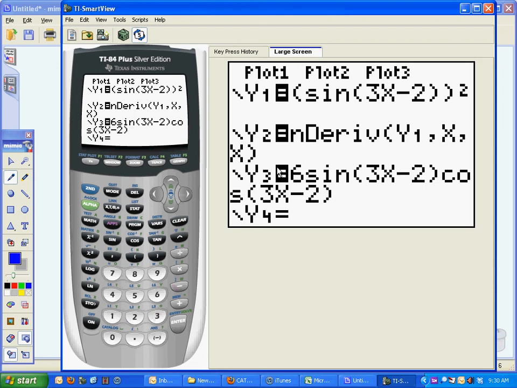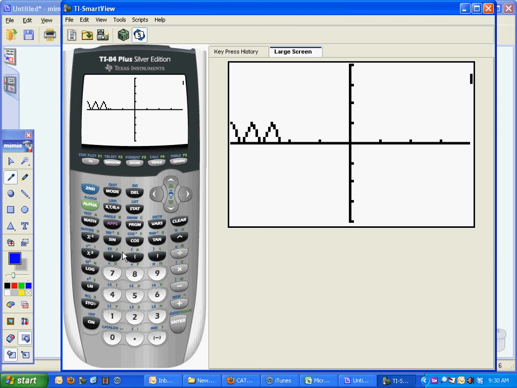So I'm going to turn off y2. I'm going to turn off that derivative graph. And what I'm hoping is that this graph in y3 looks exactly like the one that I just turned off. We'll see if they're the same. There's y1, that's our original function. It's not going to graph y2. There's y3.